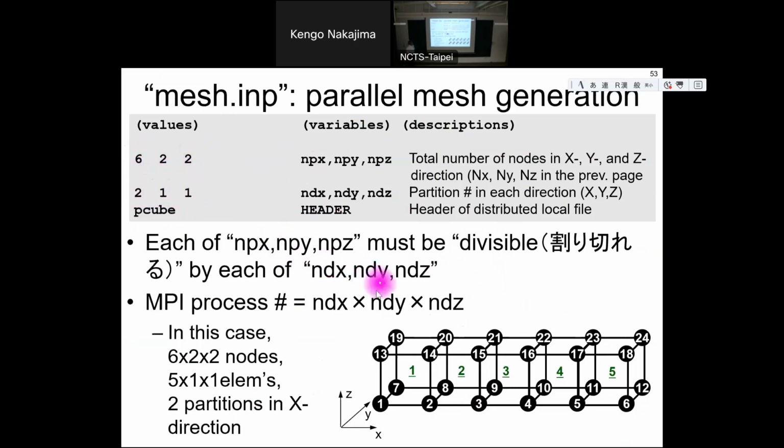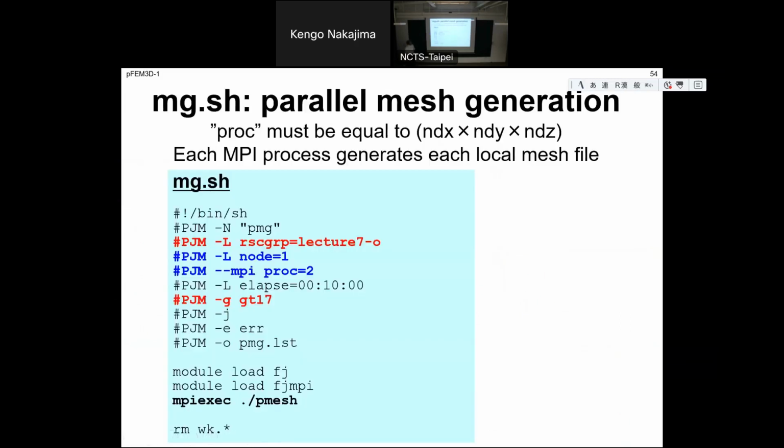This is essential. Actually, this mesh data is not so flexible, so please keep this rule. And the last one is a header of the distributed local mesh file. And this is mg.sh.